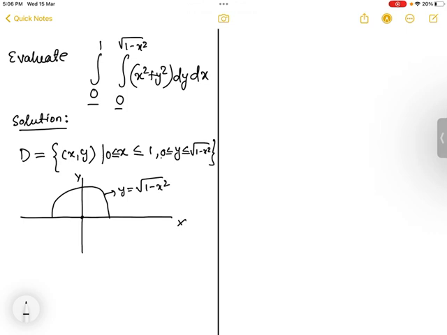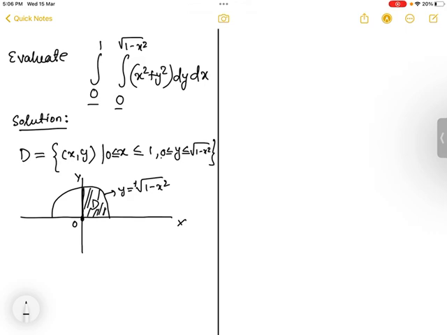If you square both sides, x square plus y square equal to 1, but here you are getting only plus sign, so y must be positive, so it should be in this area only. So this is the region, but still x is also given, it is greater than or equal to 0, so our D region is this region.